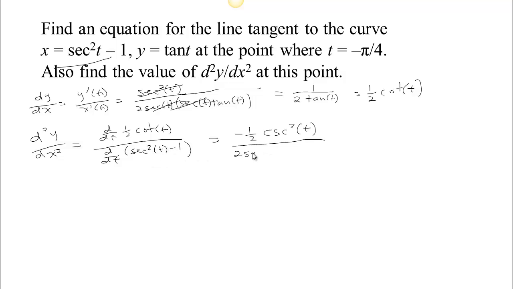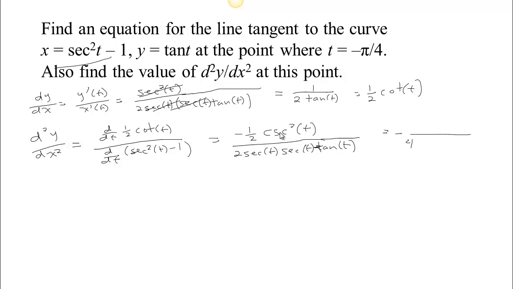We know that that turned out to be 2 times the secant of t times the tangent of t. Okay, and let's simplify a little bit. What do we have here? We have a negative 1/2 and a 2 down here, so we have negative with a 4 down below.